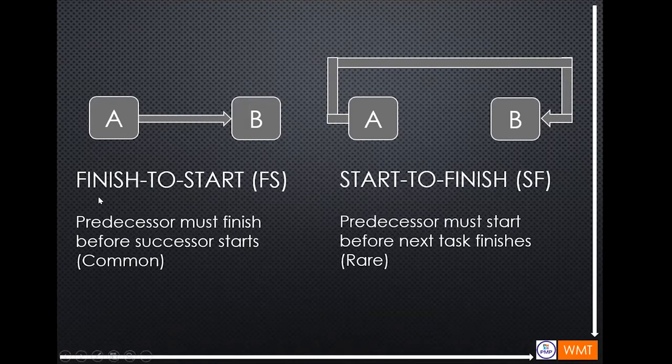It's a common relationship. And then start to finish, or SF: the predecessor must start before the next task finishes. This is very rare, and I cannot give an example for this relationship.